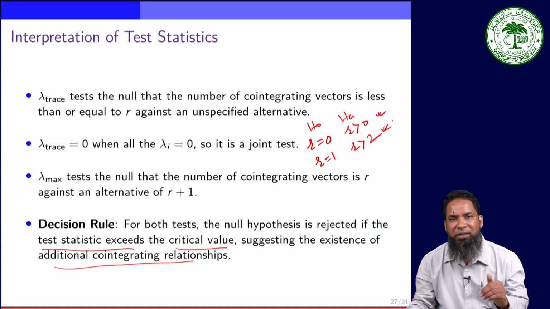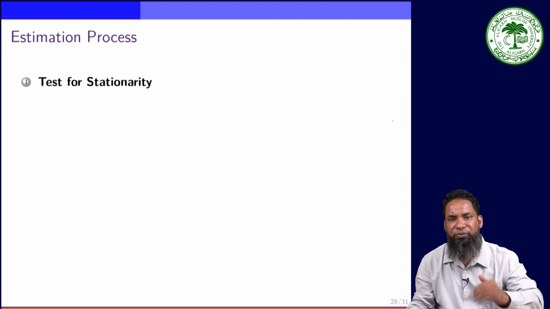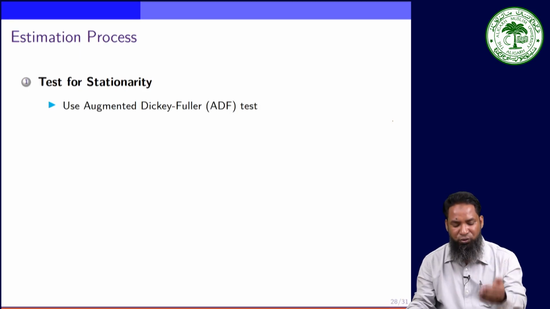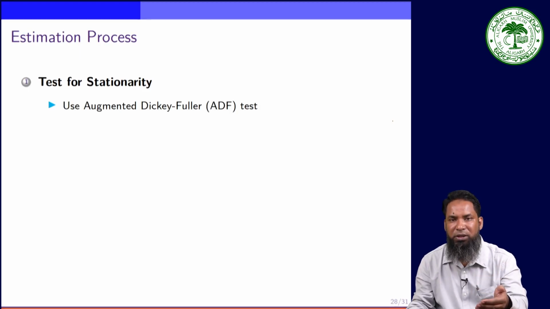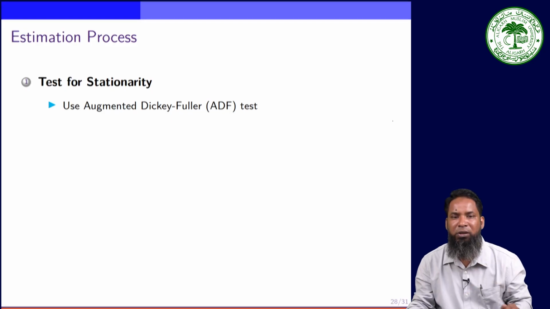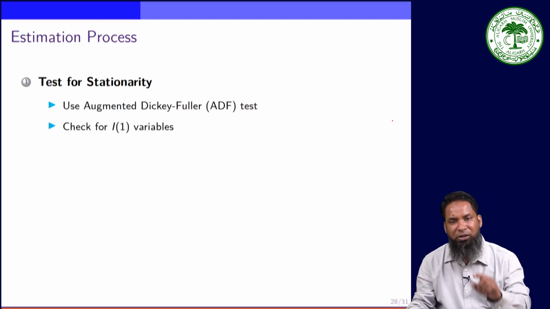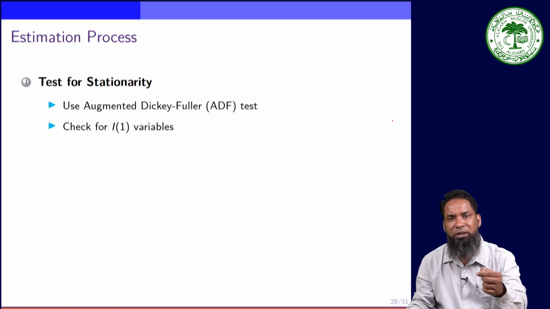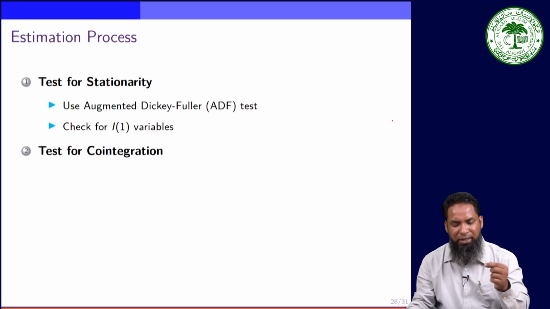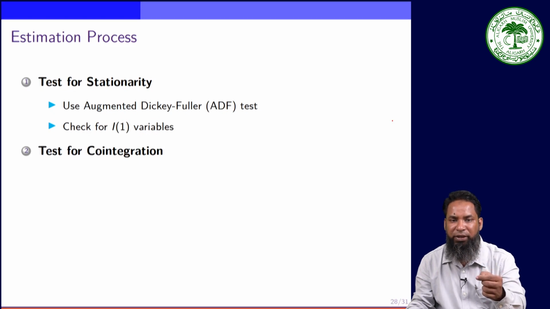So we can summarize this for the VECM: what is the estimation process we have. The first step, we test for stationarity. We can use any unit root test, for example the augmented Dickey-Fuller test. So we check whether all the series are I(1), that is non-stationary, or not. Then the second step is to test for cointegration.